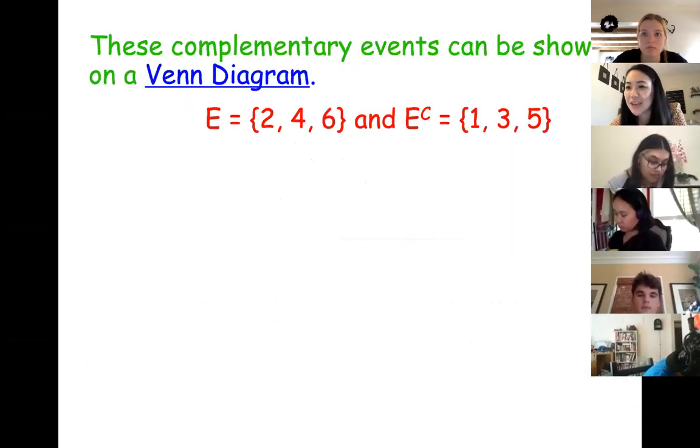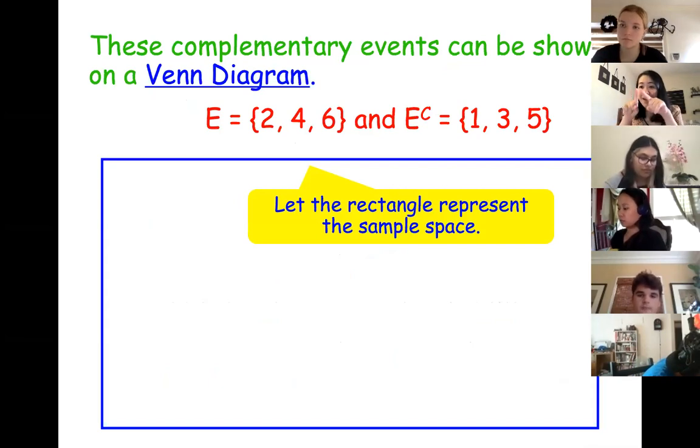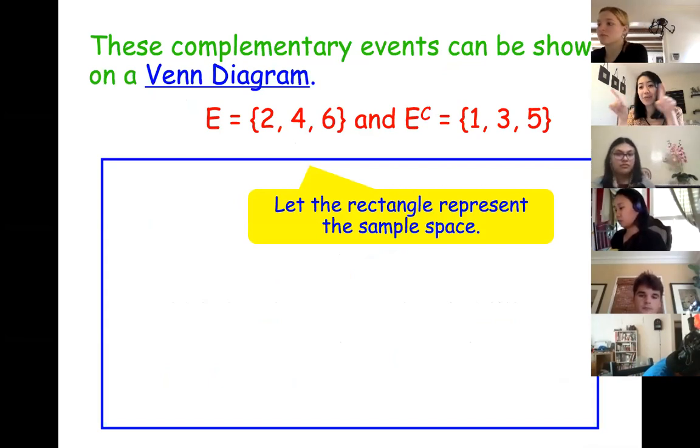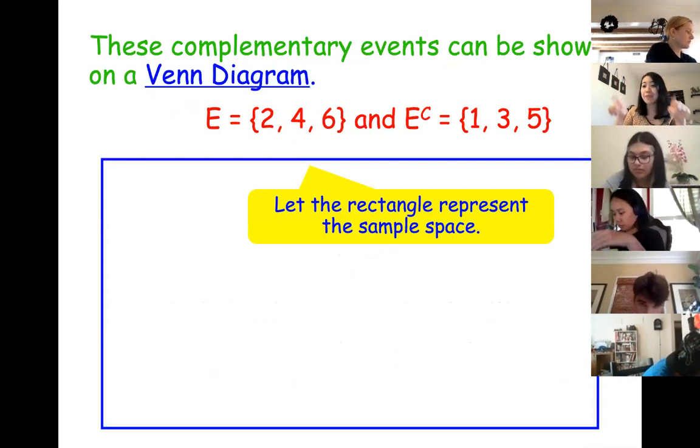All right, so let's look at this. Visual learners, this is really for you. Let's look at the Venn diagram version of this. First off, did you guys know that the rectangle that you make around the Venn diagram circles actually means something? Yeah, it means the sample space. It's not just a pretty frame for you to put your Venn diagrams in.